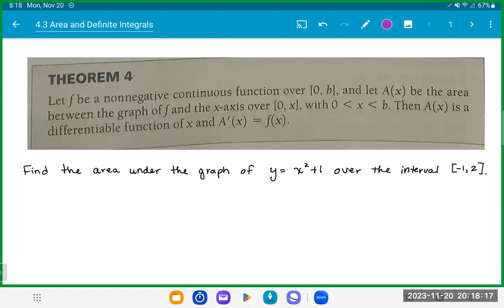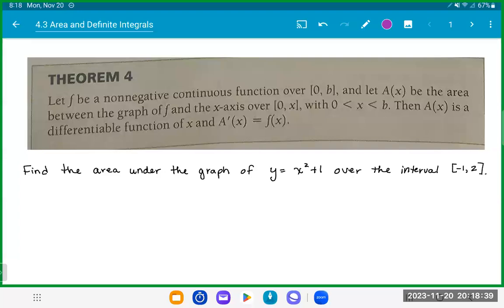So at the end of this, we'll be able to find the area under a graph of a non-negative function over some given closed interval. We'll evaluate definite integrals, and then we will also solve some application problems with the definite integral.